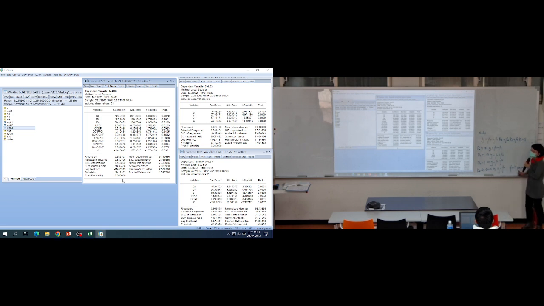Right? So beta 1 here, 14.69, means what? The extra sales for the second season besides the first season. So the first season is 73.